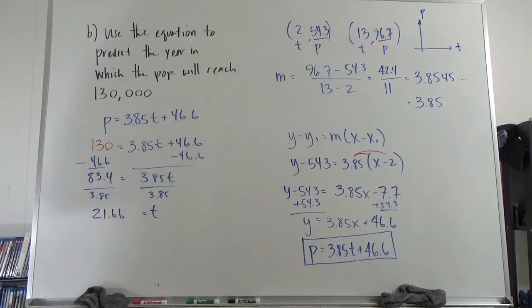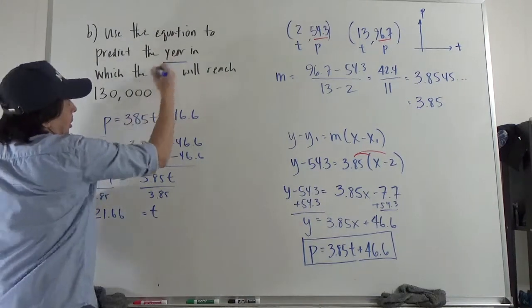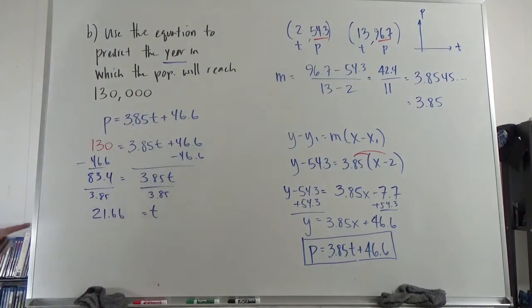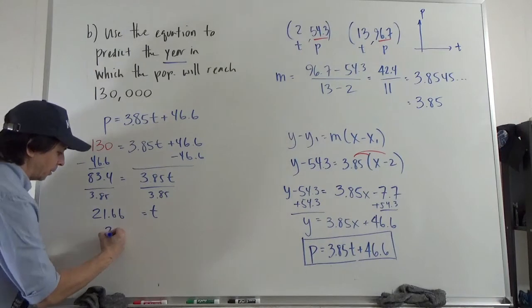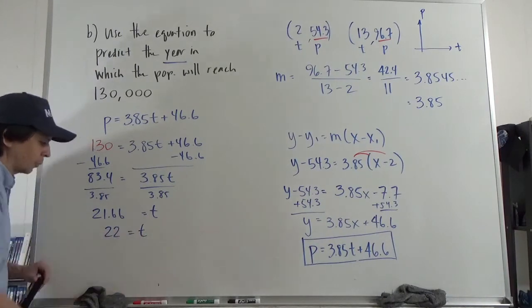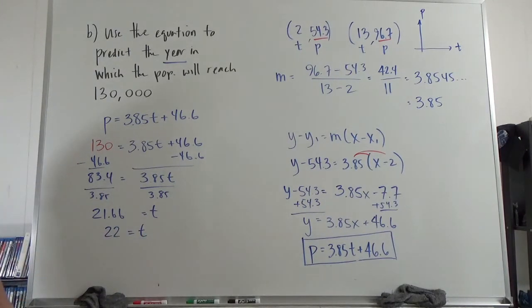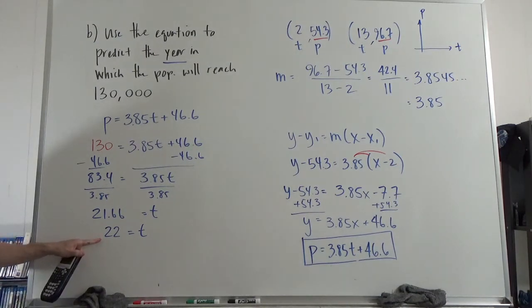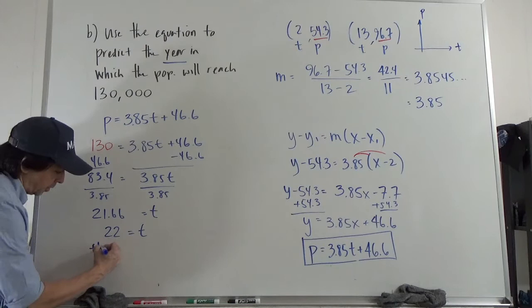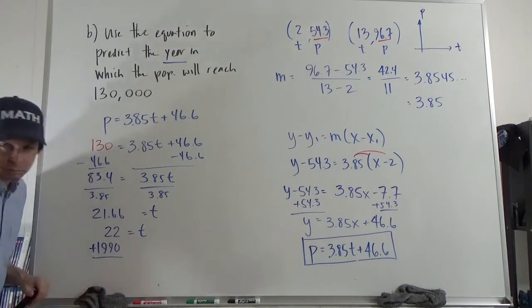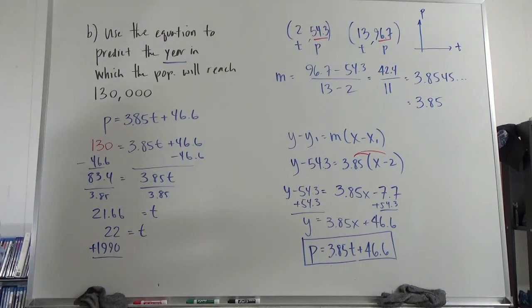Okay, let me clarify what I need. That's solving the equation for t when I plug in 130, but I need a year as my answer. What year is that? I'm going to round to the nearest whole number, which rounds up to 22, and I will find what year that is. t is 22 means 22 years since 1990. Make sure you know it's a different reference year for this problem than the last one, so now our reference year is 1990, right?